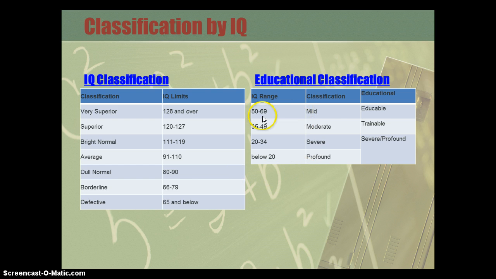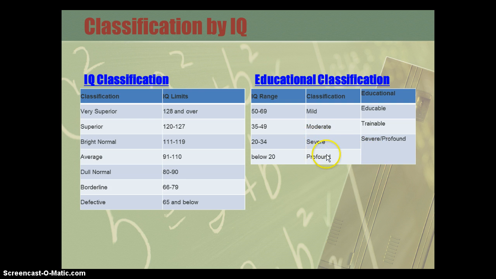And so then classification, we look at mild being between 50 and 70 IQ. In the old days, we called that educable because the understanding was that people in that age could learn to read and write and do very simple math. And then 35 to 45 was considered to be trainable because people in that range could be trained to do unskilled jobs. And then 20 to 34 was severe, and below 20 was profound.